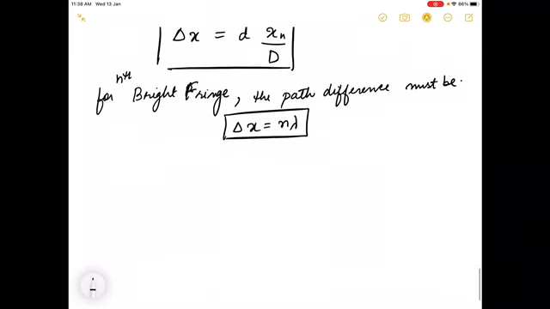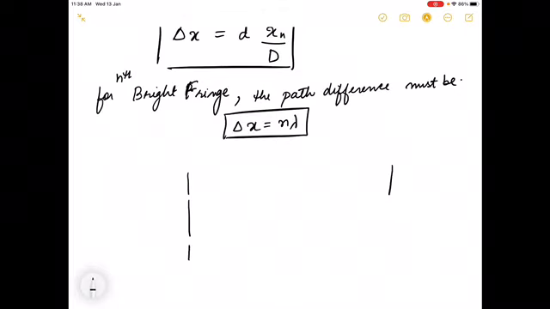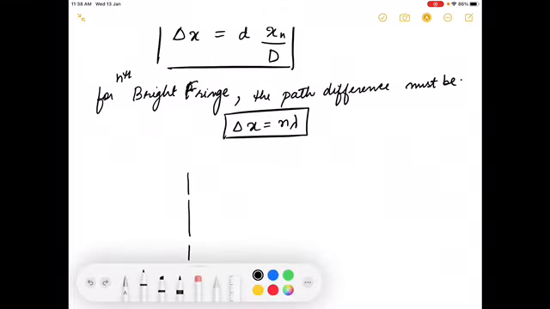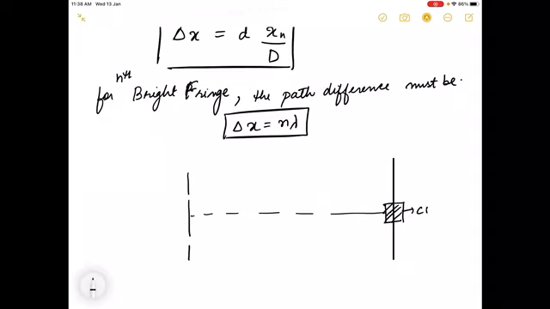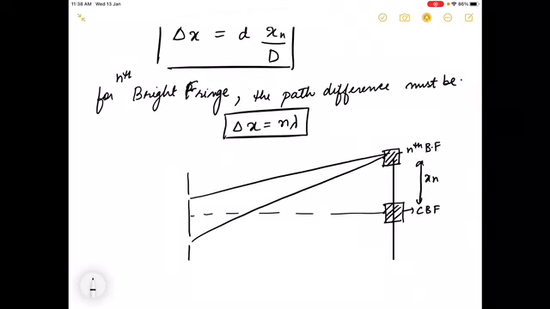So basically what we are doing here, you had two slits here, and the screen was here. At the center we were getting the central bright fringe. So we are talking about this nth bright fringe, whose distance from the center is xn. The diagram is something like this.